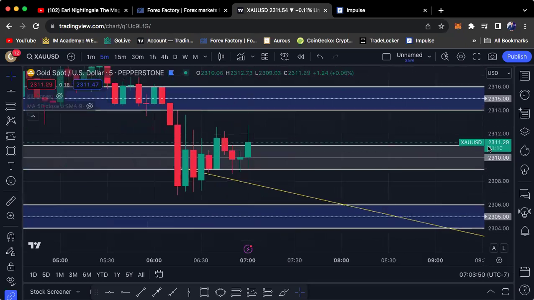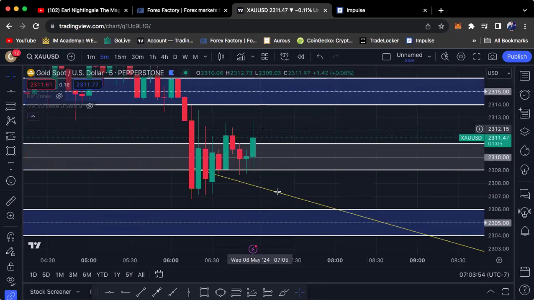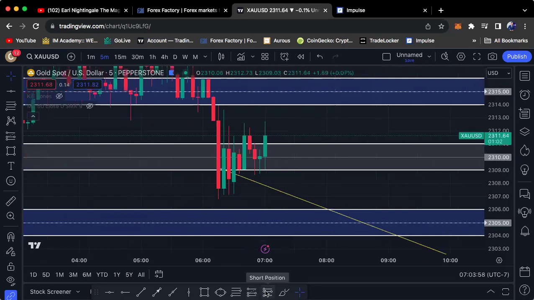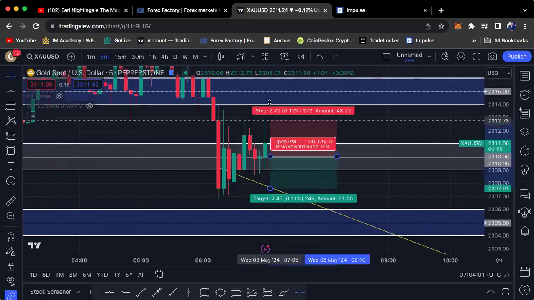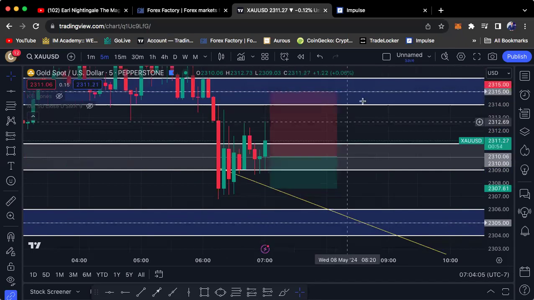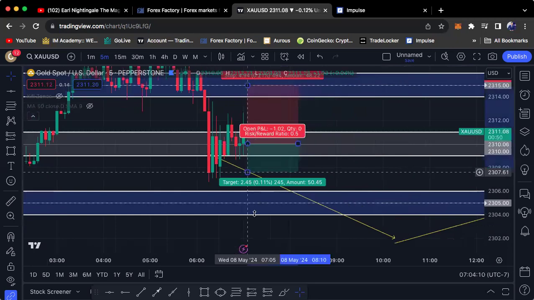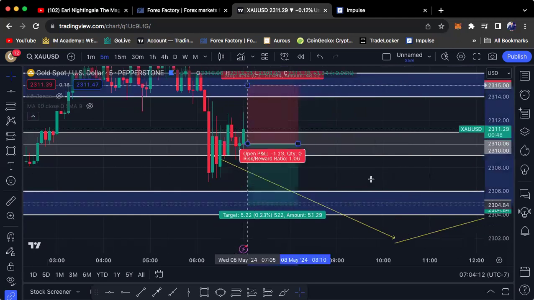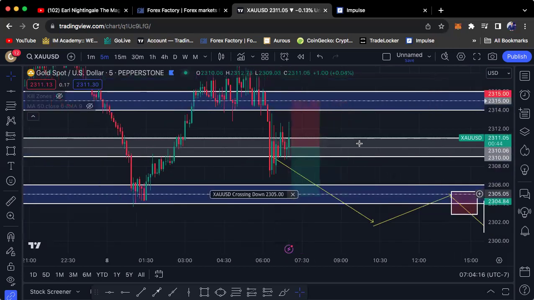I do my best to avoid drawdowns, when my account is at a negative. See, yeah, I could have positioned my sell here and put my stop loss here at 50 pips. This is a 1-to-1 risk to reward. I don't do 1-to-1, I do 1-to-3.